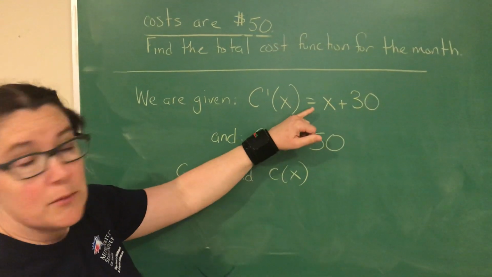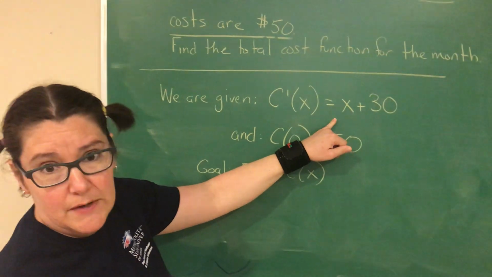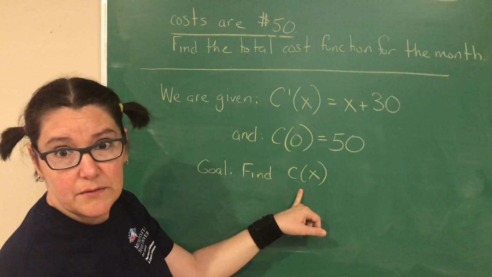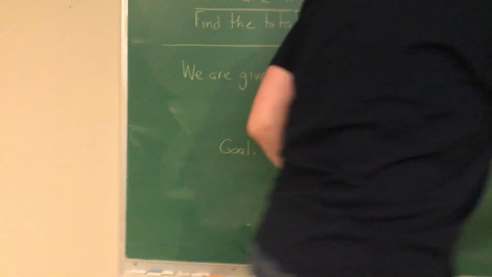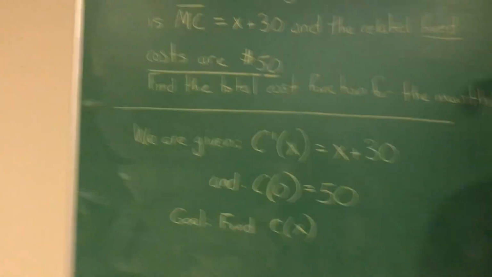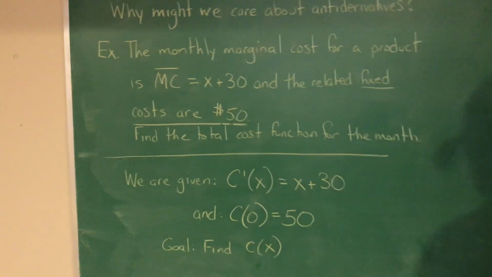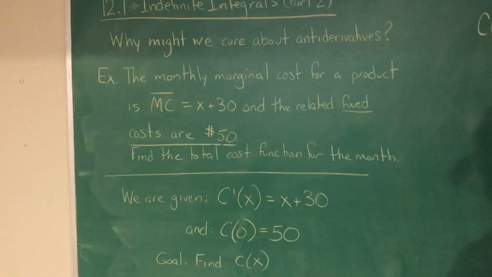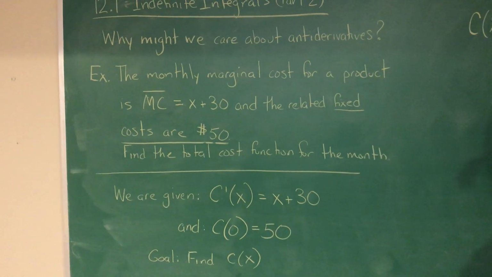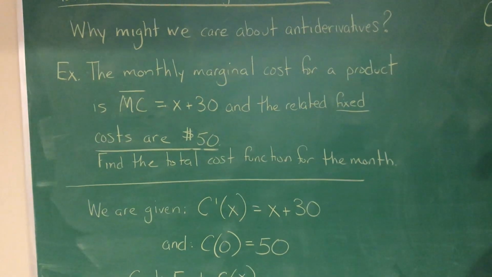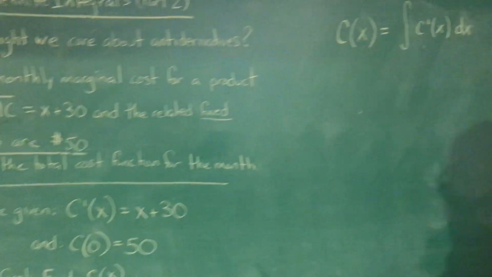Okay, so here's an example where we're given the marginal cost, we're given the derivative, and we want to find the original function. Here's what we can write down. The original function must have been the antiderivative of the marginal cost.